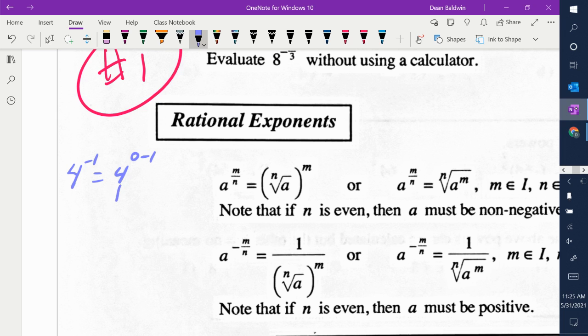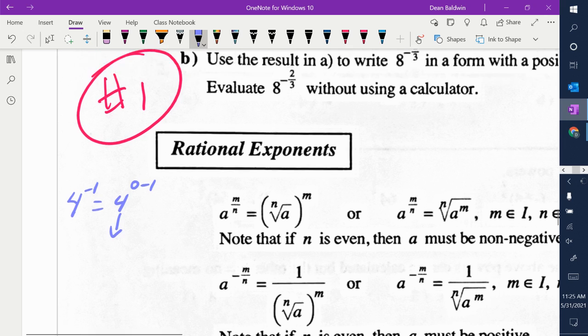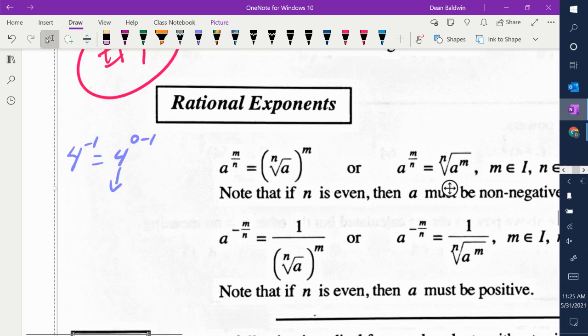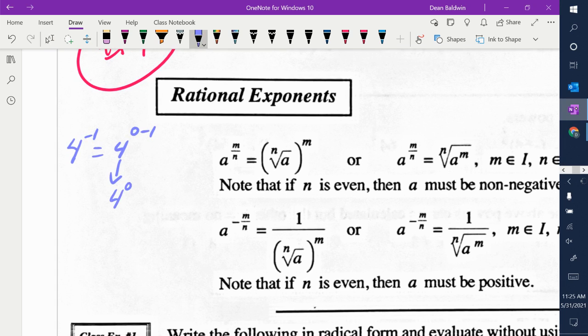If you are subtracting the exponents, you are doing what with the bases? Yes, you're dividing. So that means this. Does that make sense to everybody so far?